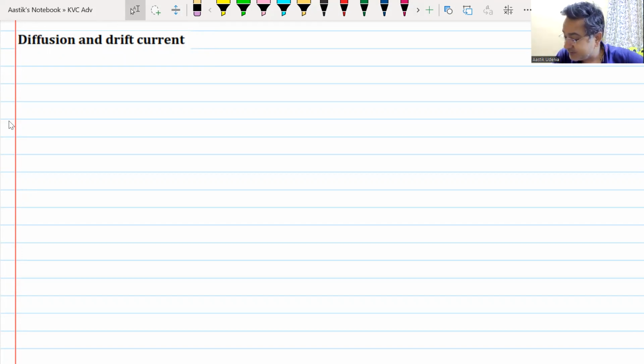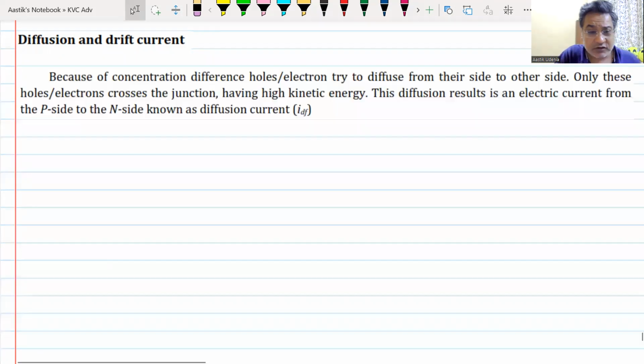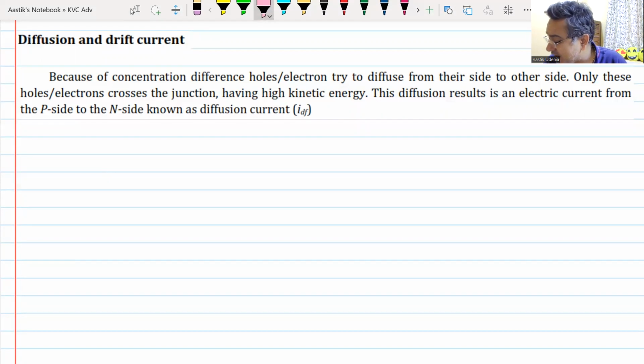On the p side, we have more holes. On the n side, you have more electrons. Now there would be certain holes or electrons which have a very high kinetic energy. Now these very energetic holes or electrons can move. Holes will move from p to n. Electrons can move from n to p.